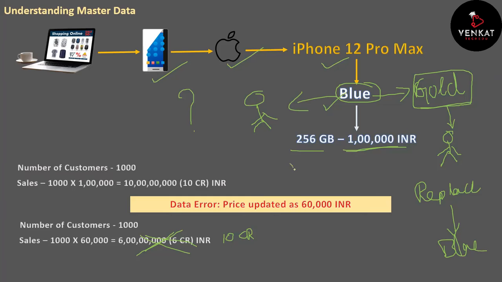Whether the data error occurs at the memory or the pricing or the color or whatever, that decides the organization's final outcome, whether it can end up in profit or loss or whatever it may be.